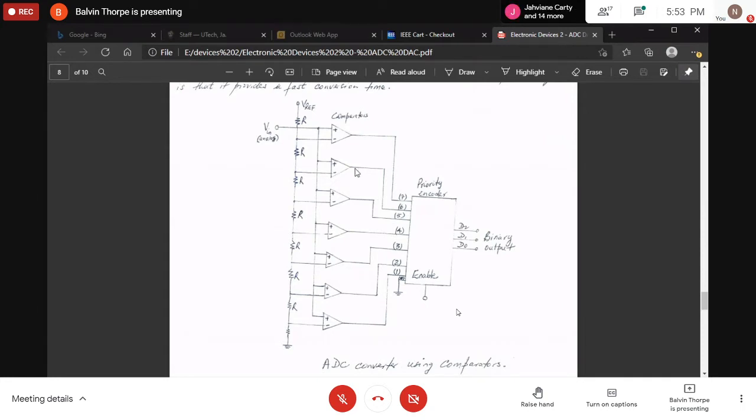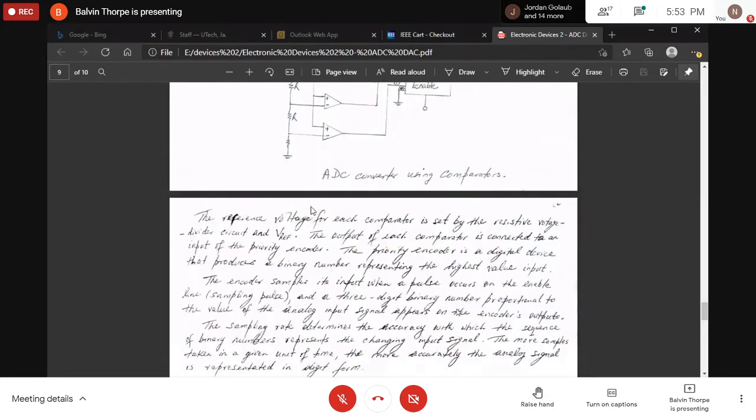But we're going to get a different voltage coming out of each of these comparators based on the reference voltage that is applied and what is being compared. And as I said before, each reference voltage for each comparator is going to be different based on the weighted resistors. All right, let's just go a little further.